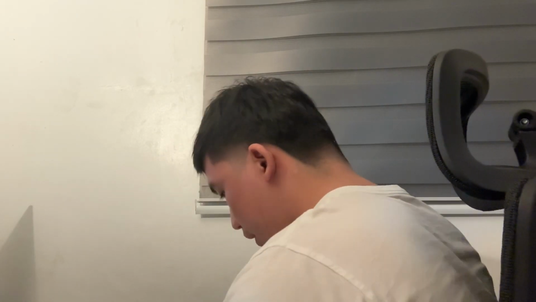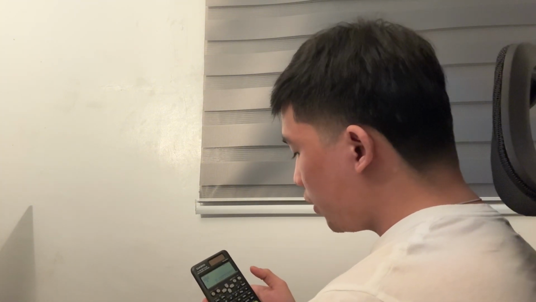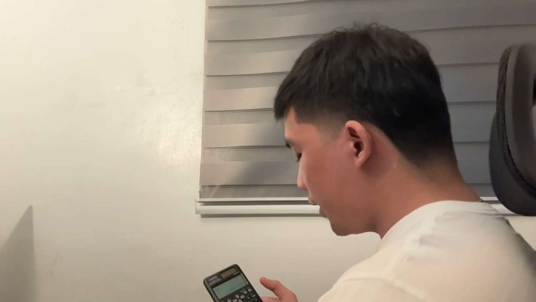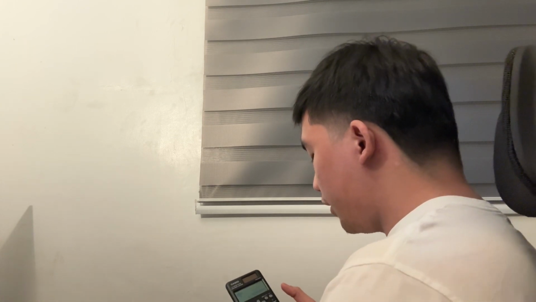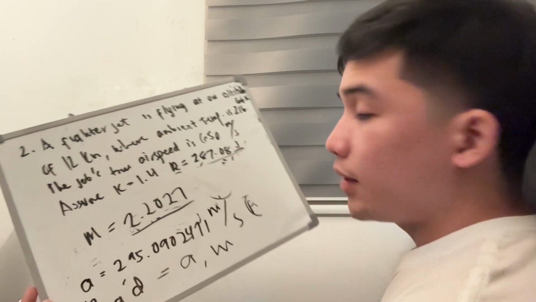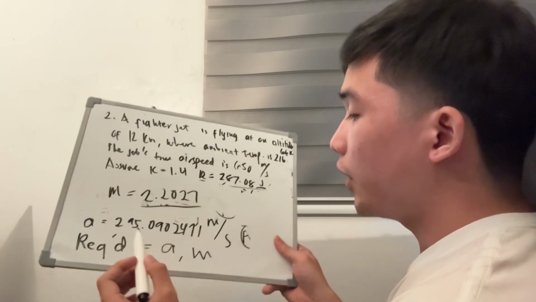Let's just write it down. We have 2.2027. So for our Mach number, we have 2.2027. It's unitless since we canceled the meters per second.